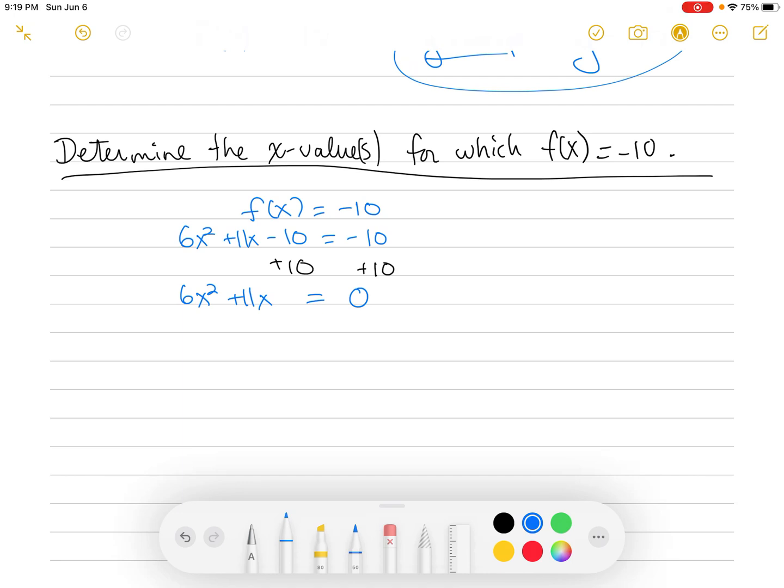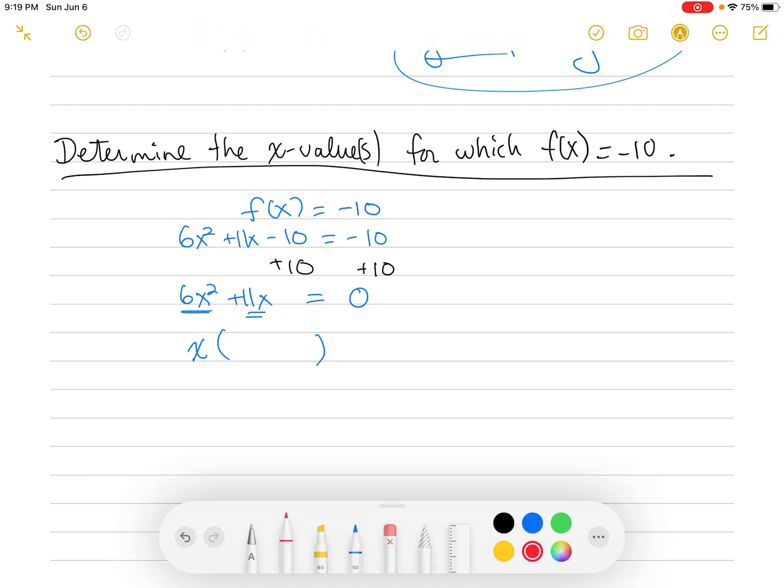They're not 3 terms. So if I wanted to factor this, I could ask, what's in common between 6x squared and 11x? Well, there's an x in common. We can pull out an x, and then I'm going to put a pair of parentheses. When I pull out an x, what's left in parentheses?